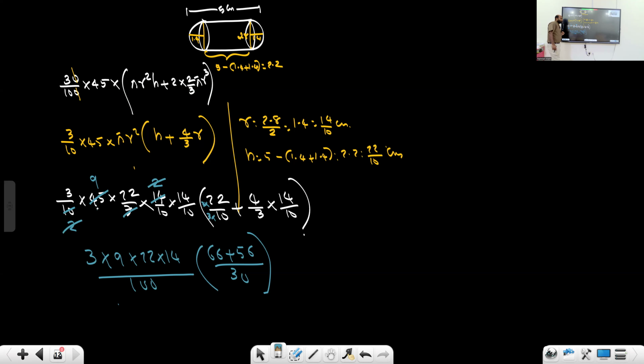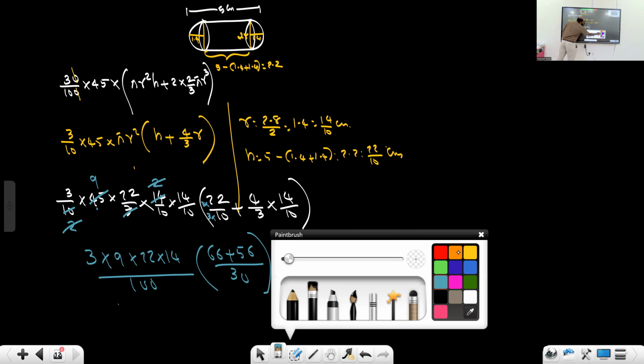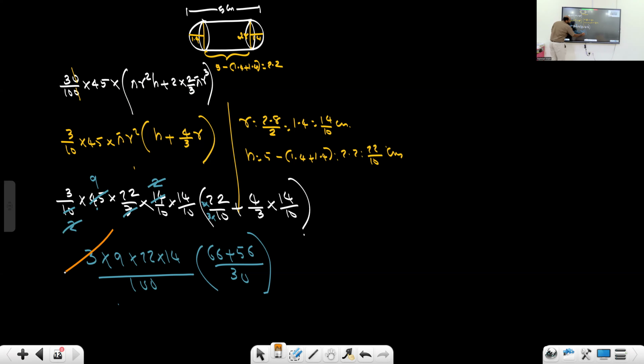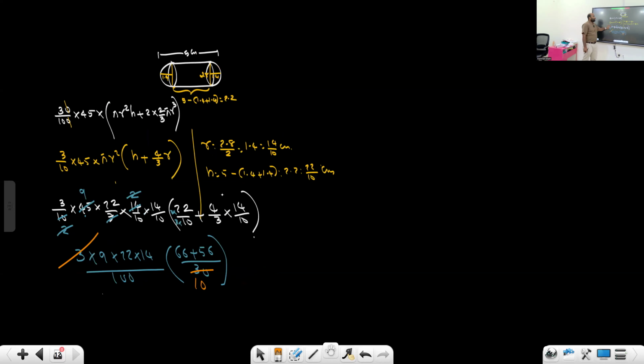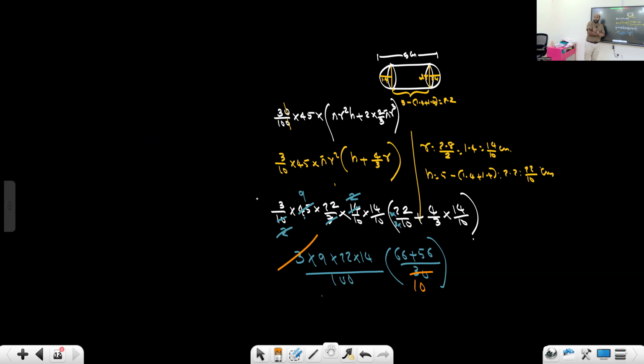And here also 5, so it will be like this. Next to my cancellation, 3 and this one, 10. It's a multiplication, so we can do it. But if you are doing separately, too much calculation will come.